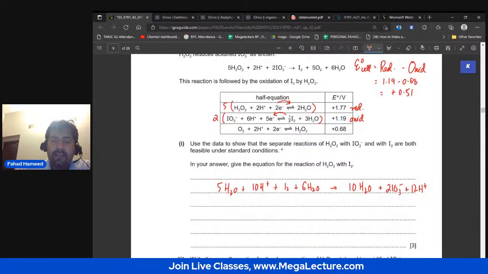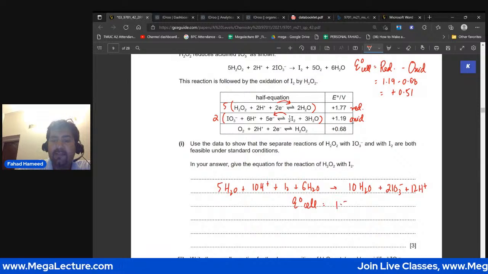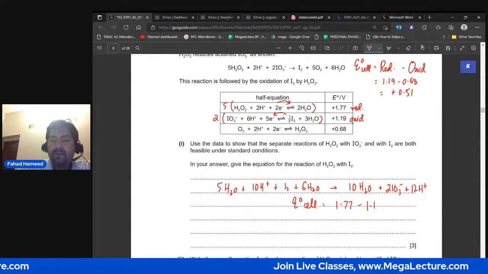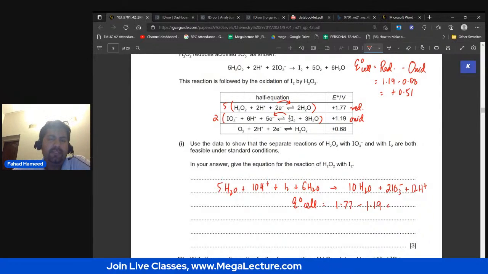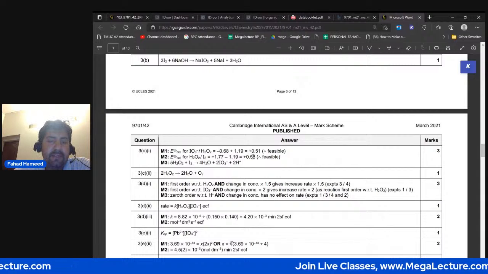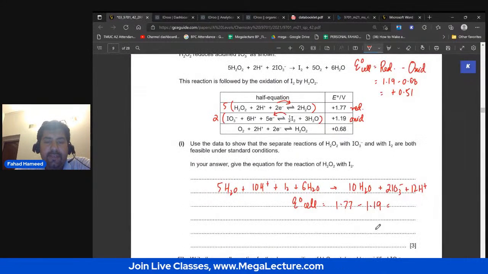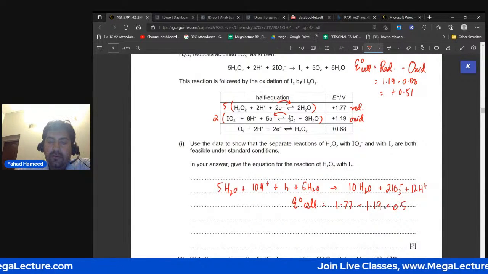And I'm going to write the E naught cell. Why is this feasible? Reduction potential minus oxidation potential. It's going to be 1.77 minus 1.19. If you do the maths, which I'm not going to do, that gives me 0.58 volts, which is again positive.